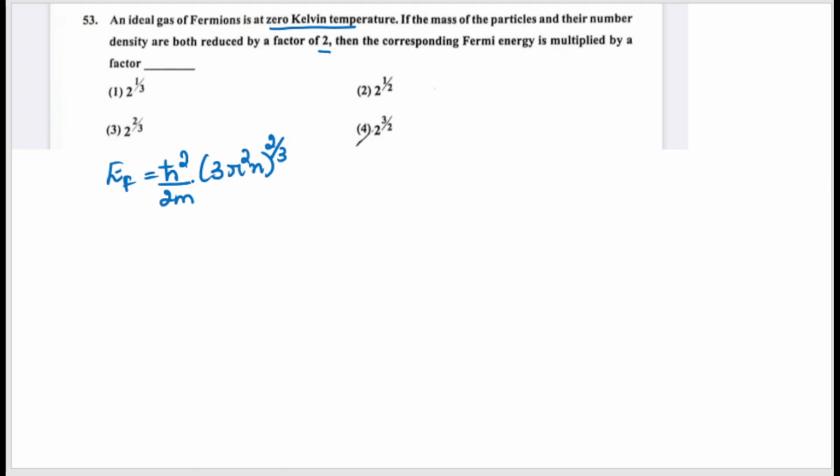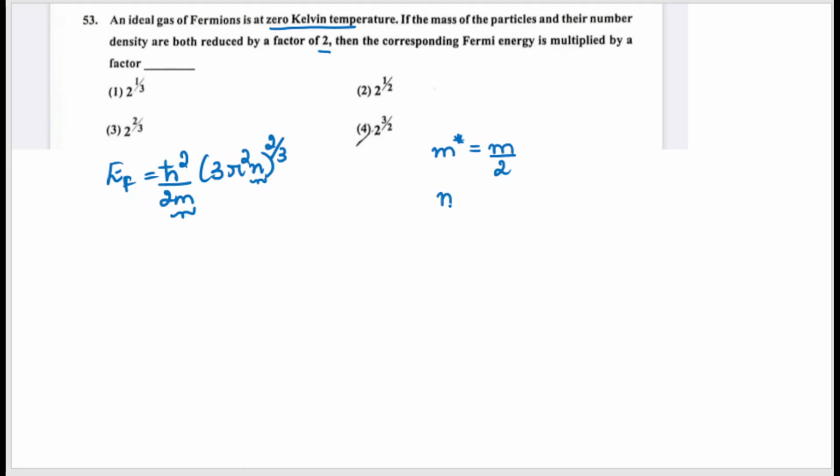Let me describe the formula. Here m represents the mass of a single particle, and n represents the number density of the particles. Here they are saying the number density and the mass are reduced by 2. Initially the mass is m, finally it is m star, which will be m by 2.